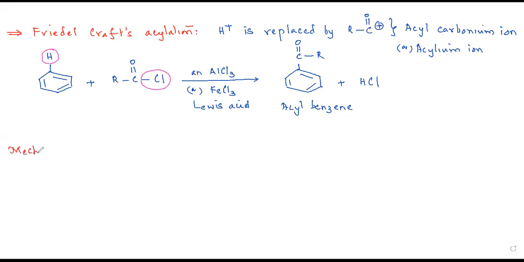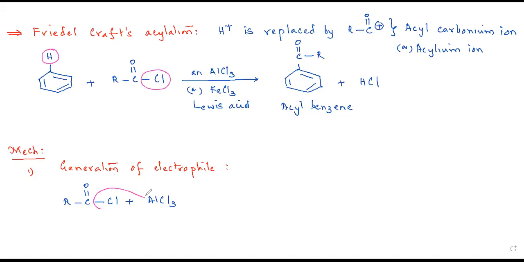Now the mechanism. First one is generation of electrophile, making use of the Lewis acid. Now, a pair of electron is given to the Lewis acid.